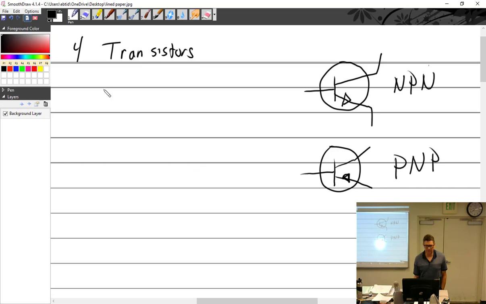All right, two types of transistors. We have the NPN, not pointed in, which I just said.